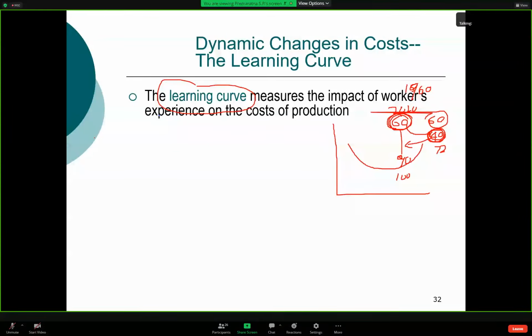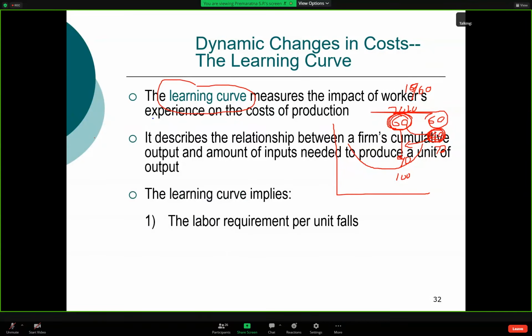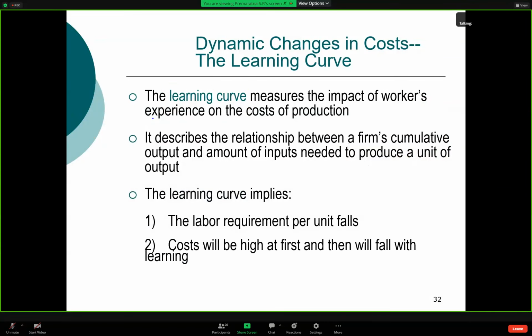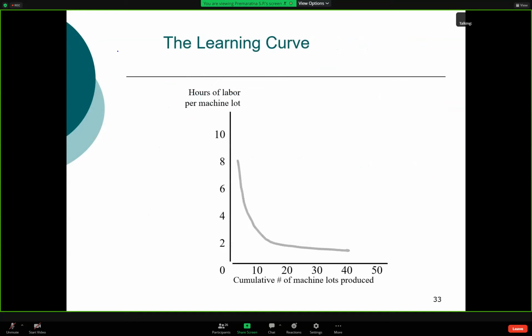That experience also helps to reduce the unit cost. So based on that, we draw a curve called the learning curve: number of hours worked against cumulative production.